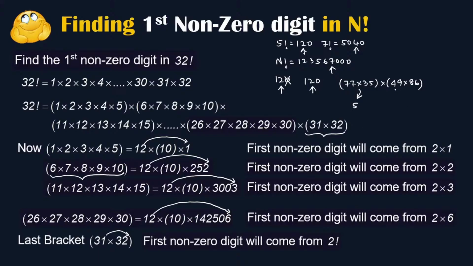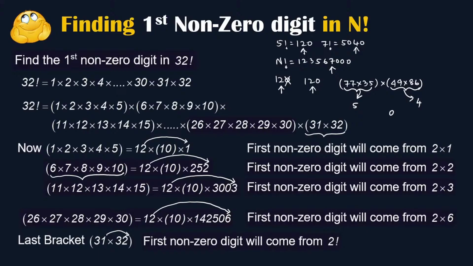And when you multiply the second bracket, the last digit is going to be 4. So when you multiply this with this, you are going to get the last digit as 0. Isn't it so? Because when 5 is multiplied with 4, you get 20. So the last digit of this whole number will be 0. Is it clear?